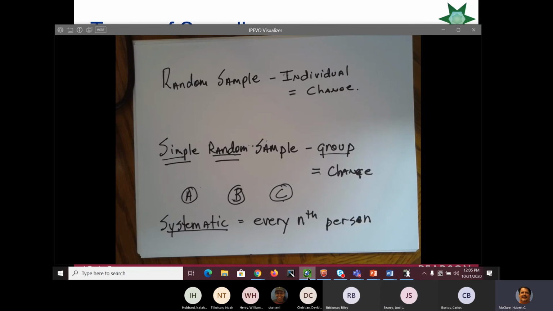So that would be a systematic random sample. Actually, it should be called a systematic sample because it's not random, because I put you in order for one thing, and then I pick every 3rd person. So I'd pick the 3rd person, the 6th person, the 9th person, the 12th person, and so on. Okay, so every nth person.